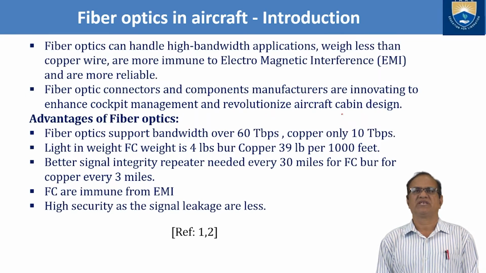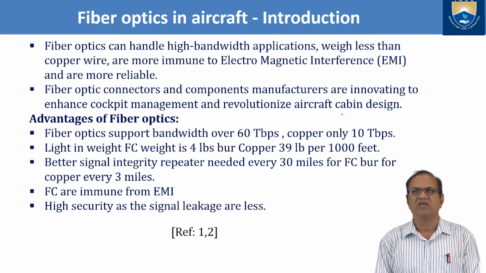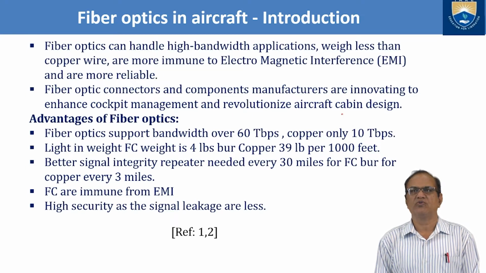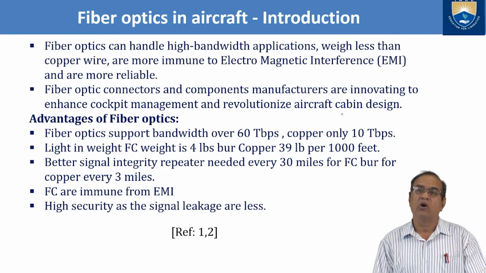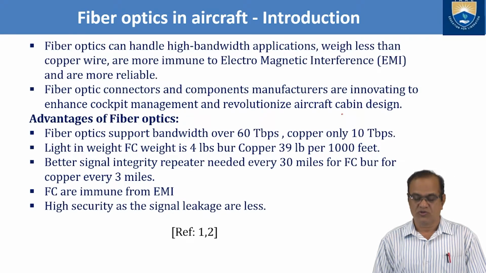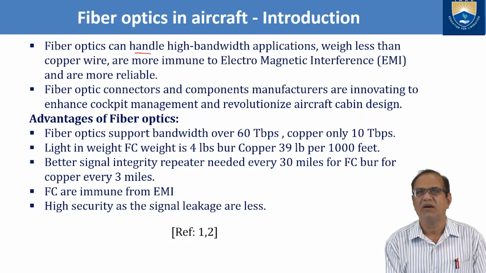Fiber optics can handle high bandwidth applications, weigh way less than copper wire, are more immune to electromagnetic interference, and are more reliable. So, why do we use it? First, it can handle a very high bandwidth.